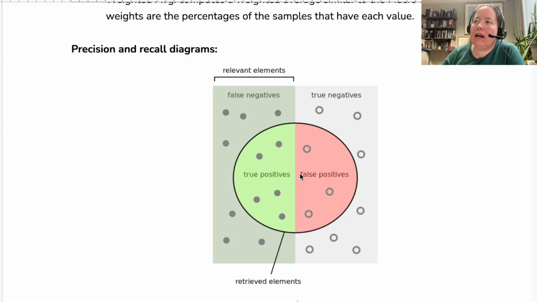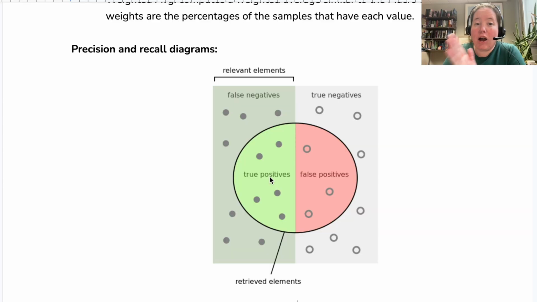And all of the dots that are on the left should be negative. What you can see is that the system that we've trained, the model that we've trained, is not completely 100% accurate. So inside this circle, the bright green circle on the left, those are true positives.